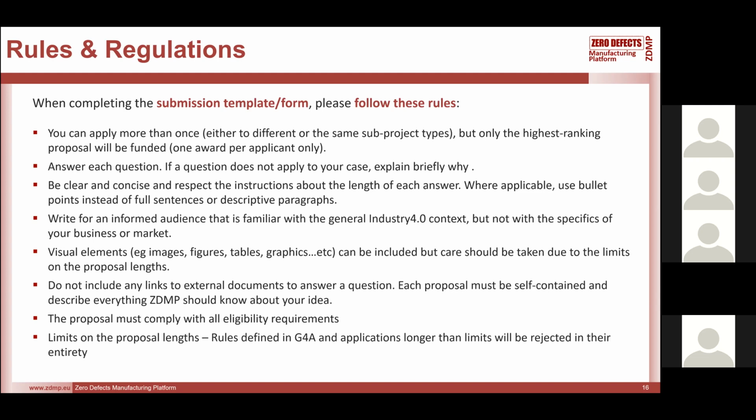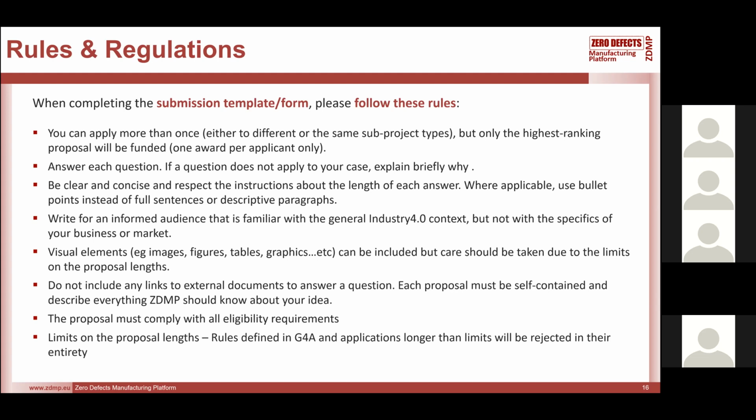If you're a winner from Open Call 1 and planning to apply again, your second project actually needs to be significantly different from the one you're funded for. We can't double fund projects. But if you do apply more than once, only your highest ranking proposal will be funded. We can't award 2 projects to the same company.